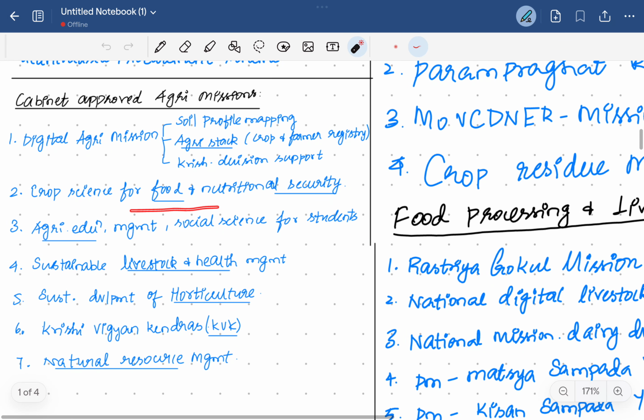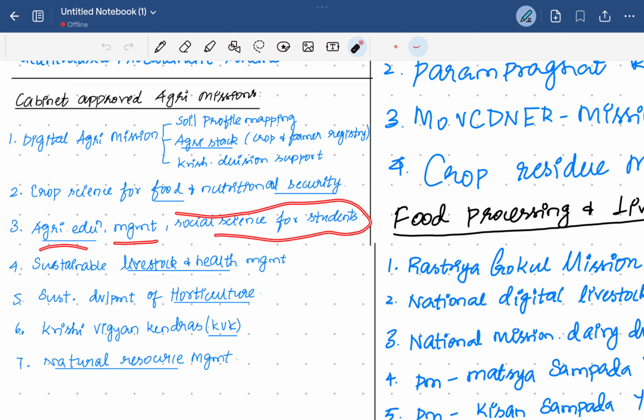Then crop science for food and nutritional security, that is nothing but R&D, increasing the R&D capabilities. Then agri education, management and social science for students, that is imparting the qualities of agriculture, modernized technology and the aspects of food security to the students in the education areas.